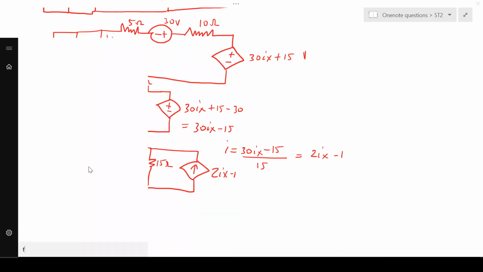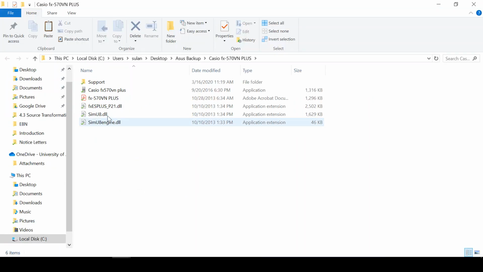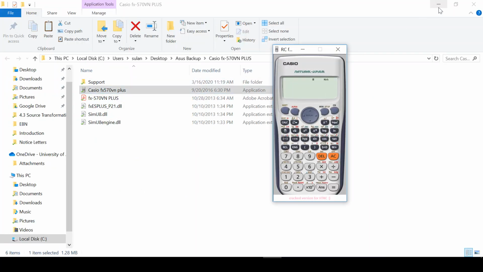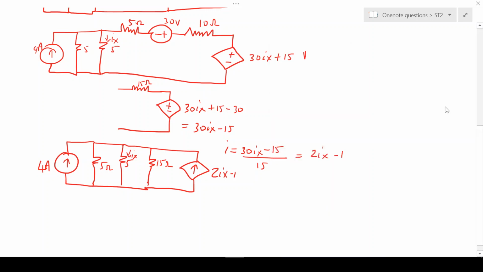So if I then calculate my resistance, it will be 5 in parallel with 15. And it gives me a value of 3,75 ohms.